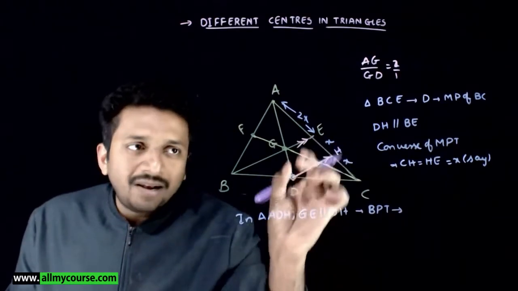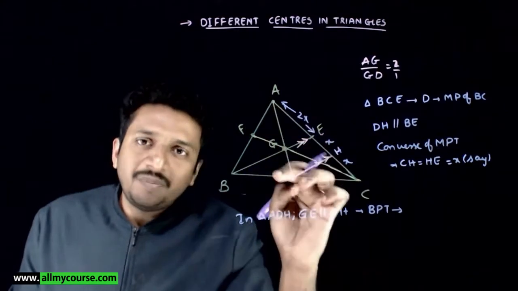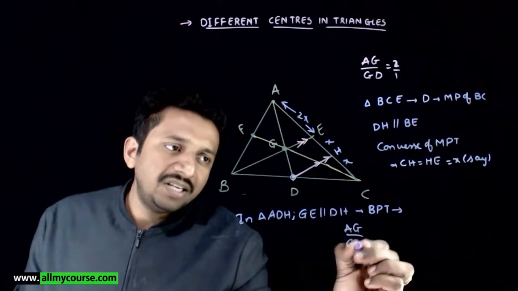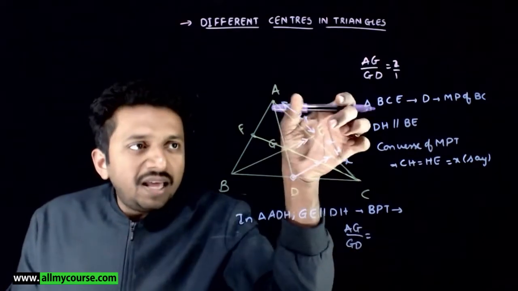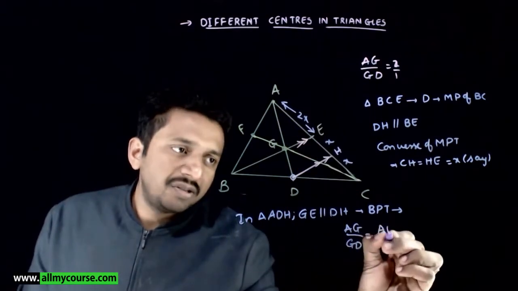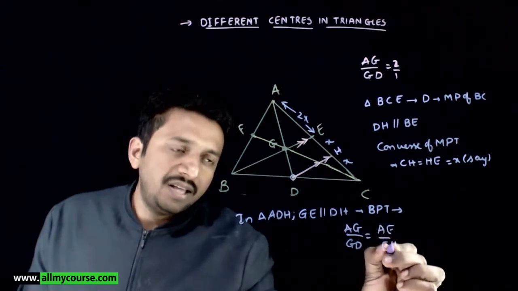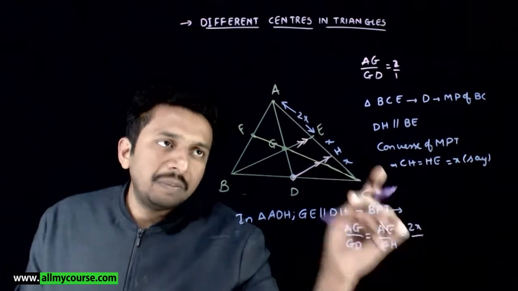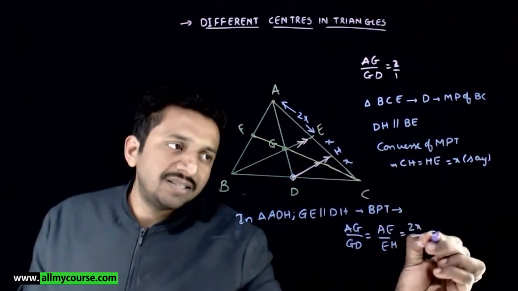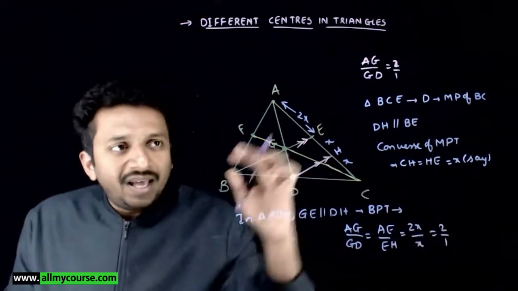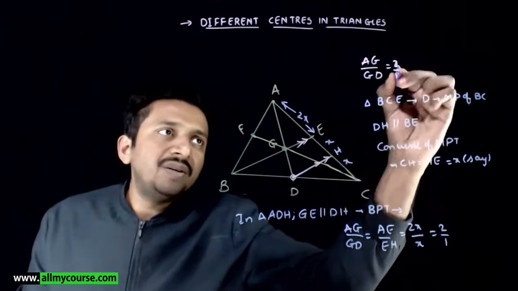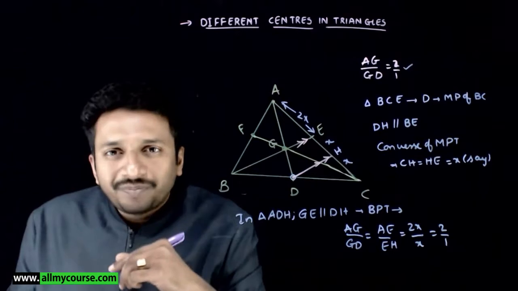Because these two are parallel, AG by GD is equal to AE by EH. And what is AE? 2x by EH is x. That is equal to 2:1. Hence AG by GD is equal to 2:1, which is the result which we need to prove.